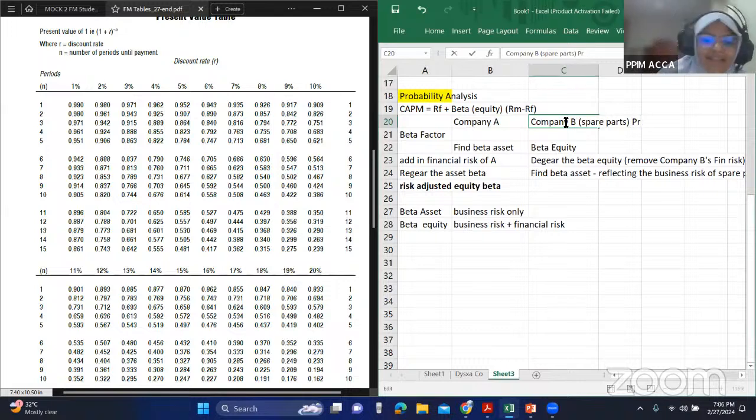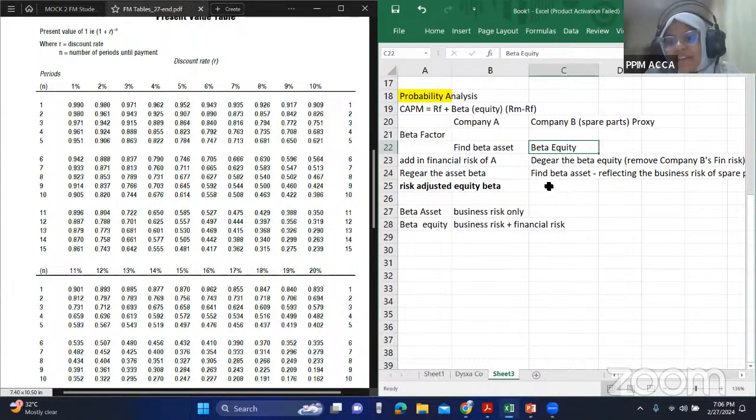If you can just say these things, these are all 1 mark each. If you say get the beta equity of a proxy company, de-gear that beta equity to remove the proxy's financial risk and find the beta asset, reflecting the business risk for company A's new venture. Once you get the beta asset, to add in the financial risk of company A, you have to re-gear that beta.